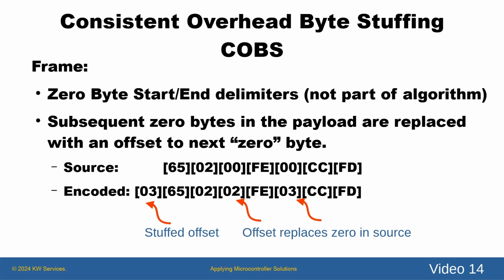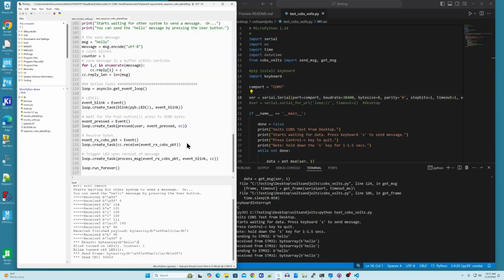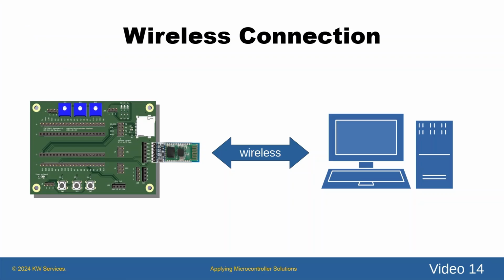In our testing today, we ran the programs in loopback first, just to make sure that they worked. Then we connected the Bluetooth and ran the programs in 2-way communication, first having the desktop send to the STM32, and then having the STM32 send to the desktop.